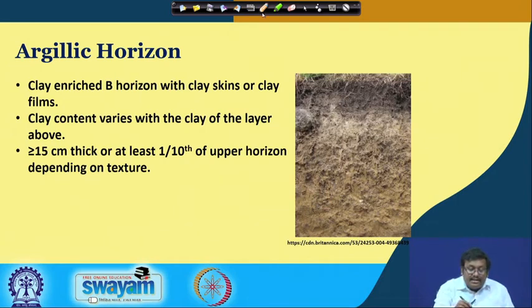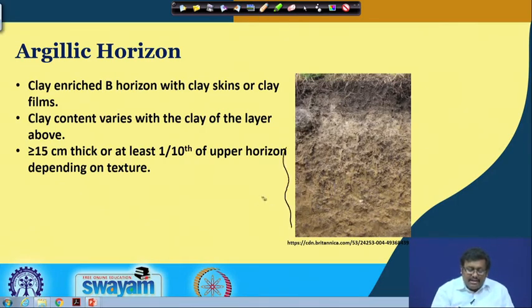So, in this picture obviously the lowermost part is argillic horizon, which shows higher accumulation of clay which has been alluviated from upper horizons.